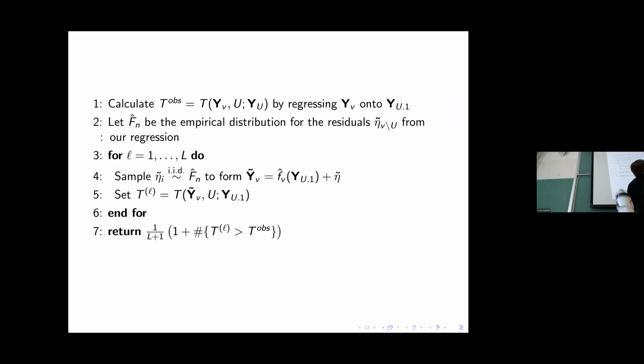Calculate the original score, and you make new samples here, and then check to see if those new samples have a better score than the original, and the number of times they have a better score than the original, basically.